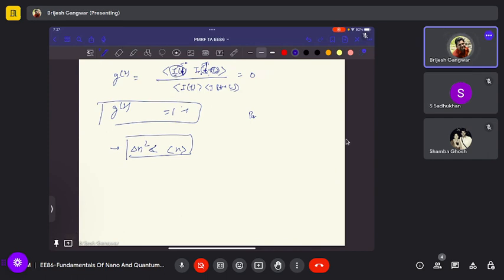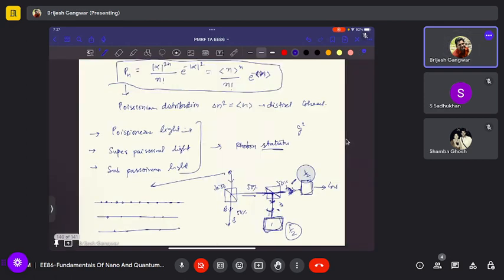You need this fast a detector for detecting a single photon. These are some initial concepts which sir may describe in more detail.